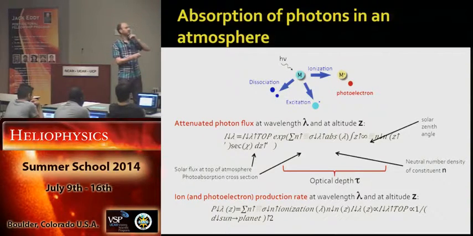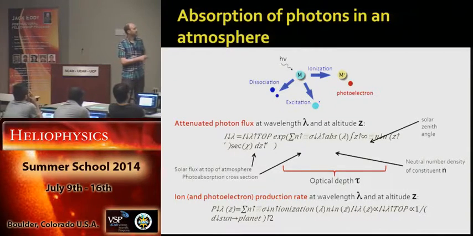So the number density of the absorbers at this wavelength, and then the actual depth through the atmosphere, which depends on the solar zenith angle, which is right here, as you can see. Anyway, so you have a certain amount of photons at the top of the atmosphere, and you continually remove photons through absorption processes. So then you can derive the number of photons per wavelength per altitude.